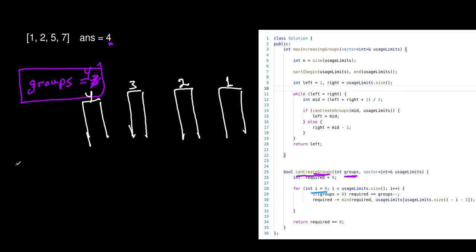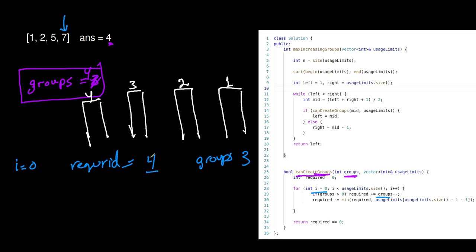I equal 0, and required equal the number of groups, and groups minus minus. Initially groups is 4, so now it's 3.